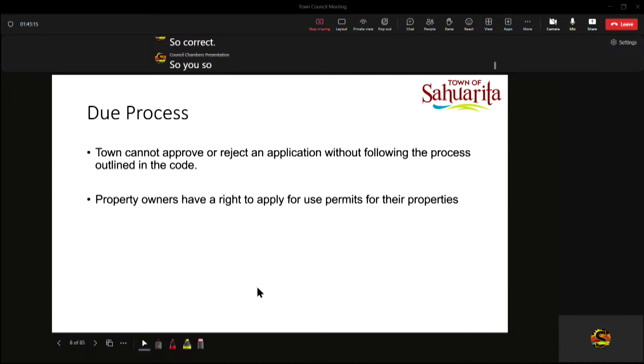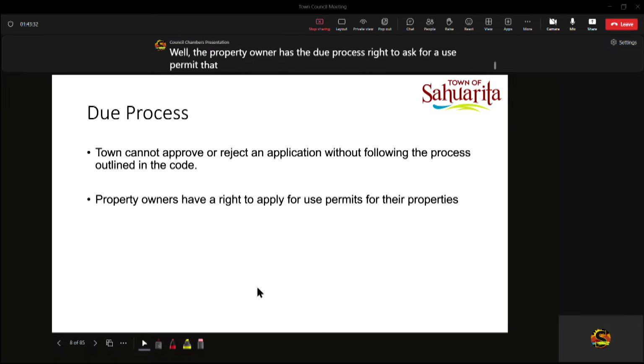Then there have been, in this particular instance and others, these suggestions: why are you even doing this? Why are you even hearing this? This is a terrible idea. This is an awful thing. Well, the property owner has a due process right to ask for a use permit.